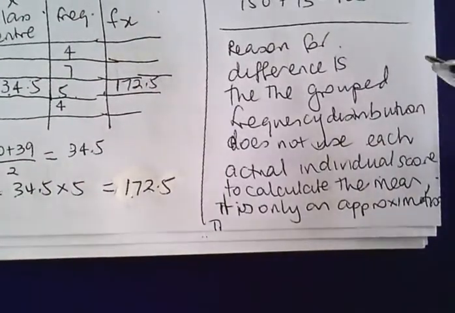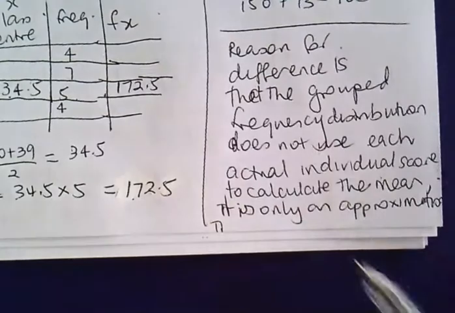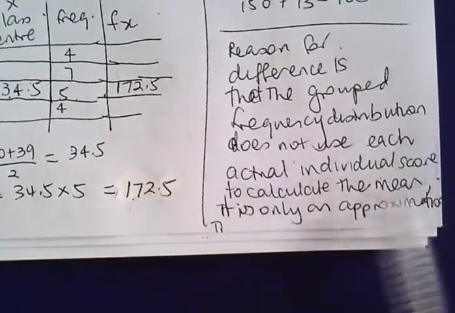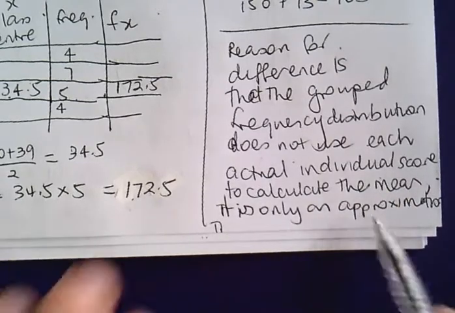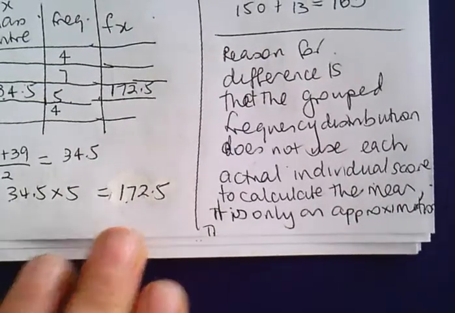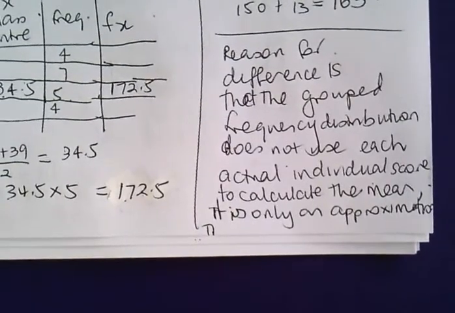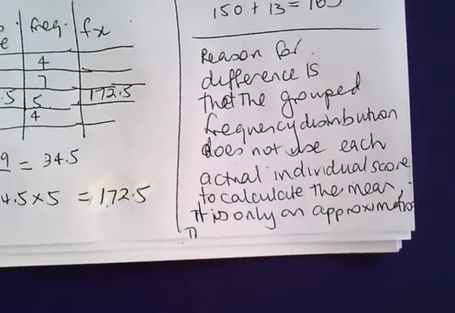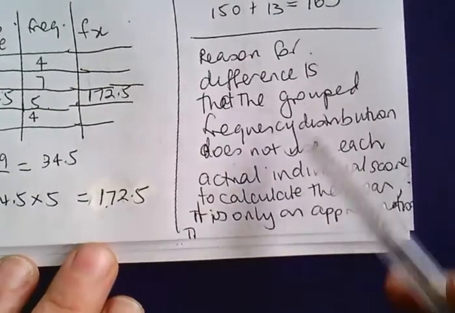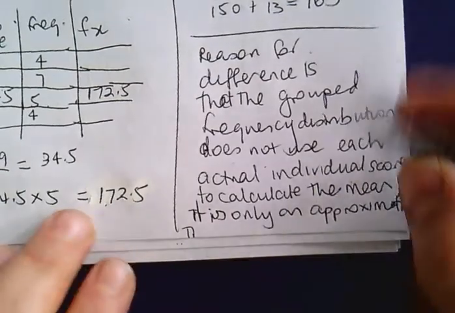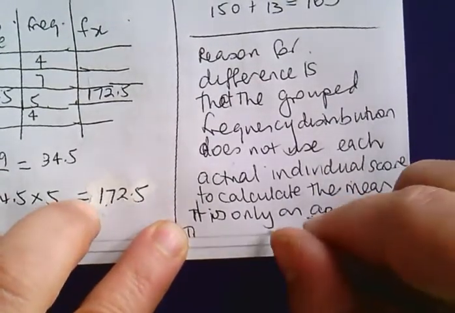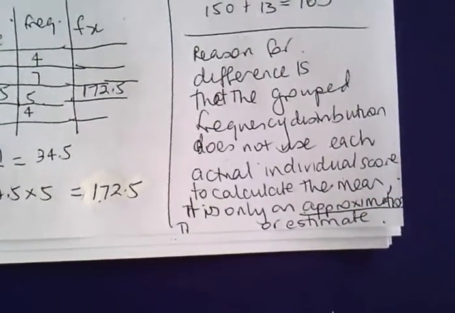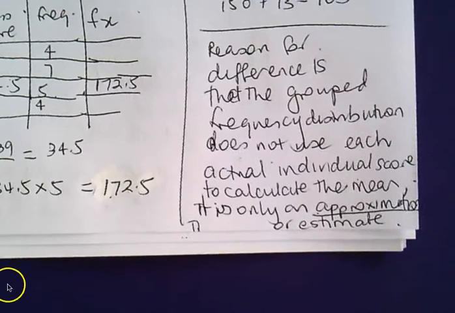So the reason for the difference is that the grouped frequency distribution table does not use each actual individual score to calculate the mean. It is only an approximation. All right? Caitlin's answer is accurate and correct, the actual mean. This is an estimated mean. So when you use a grouped frequency distribution table, that's only an estimate for the mean.